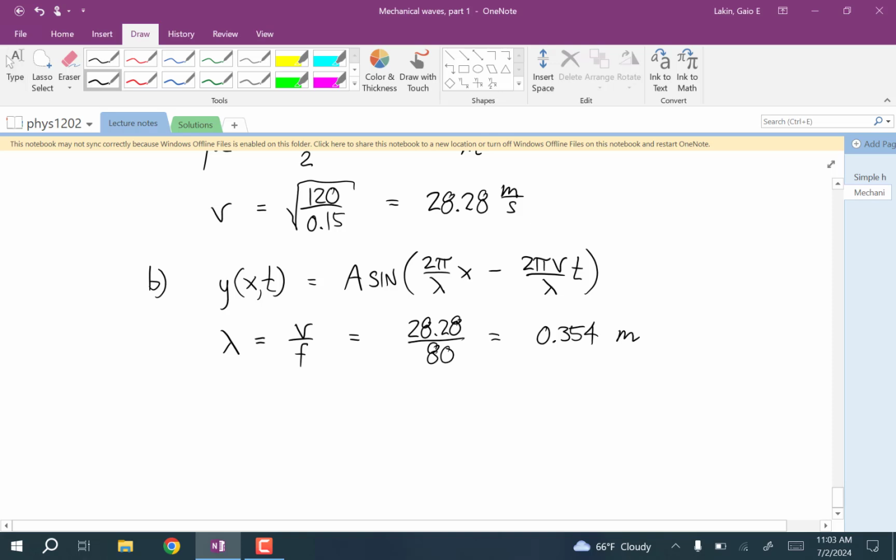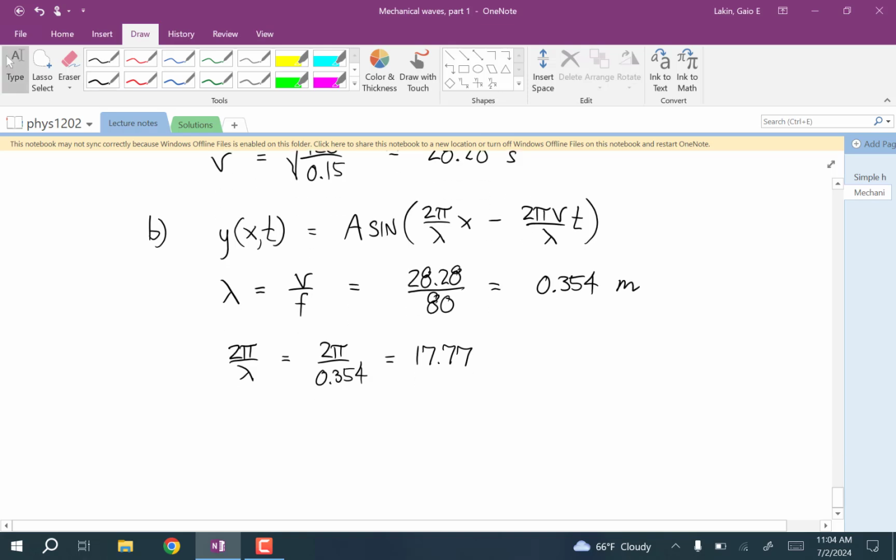Okay, so for the first term in the parentheses, our 2 pi over the wavelength is 2 pi over 0.354. And so we get 17.77. We've already calculated the wave speed, so now we can plug all this stuff in too.